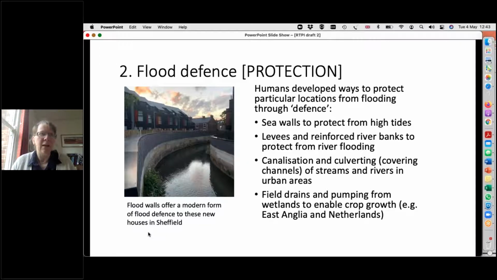And many of our urban areas, for example, Bradford and Sheffield that we were talking about earlier, have major becks or rivers going through their city centres, which are in culverts, so underneath the ground and hidden from view.